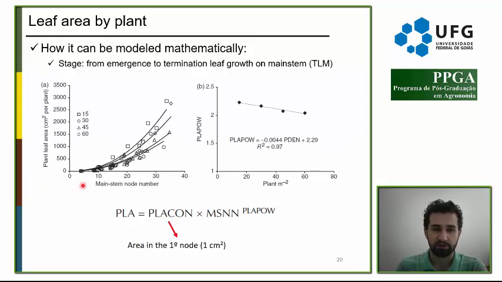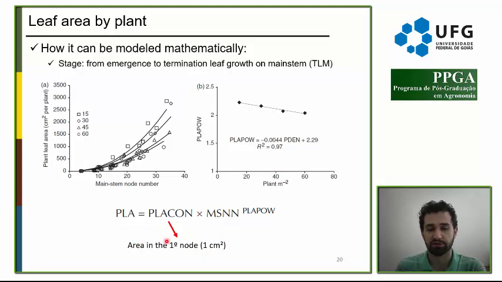After that, this is an experiment where they evaluated the number of main stem nodes in function of the plant density and how much leaf area each plant has in these different conditions. They adjusted this equation where the plant leaf area is a function of this coefficient that defines how much is the initial leaf area in the first node.